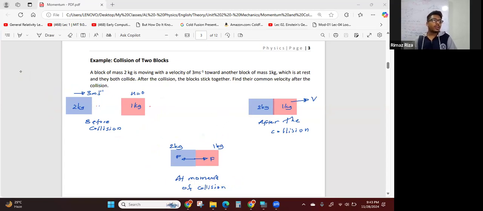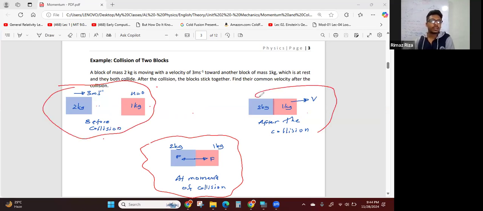Okay, let's write down. I will give you a note. First, you can draw this: before collision, then at the moment of collision, and then after the collision. When you are doing questions, the moment of collision is not necessary. I drew it here for the purpose of explanation, but after this question we have more questions, and you have to consider only before the collision and after the collision.